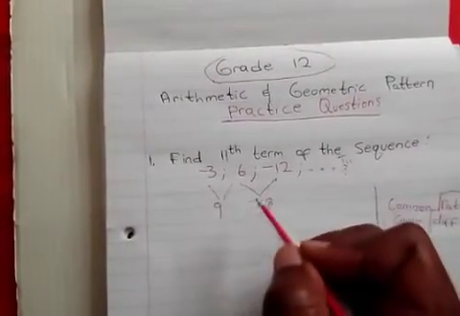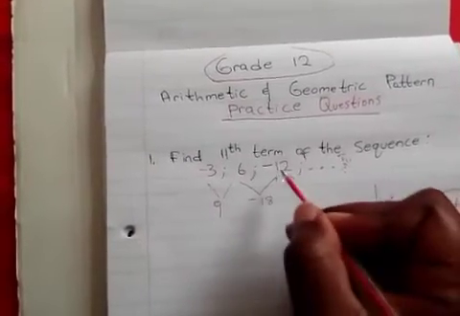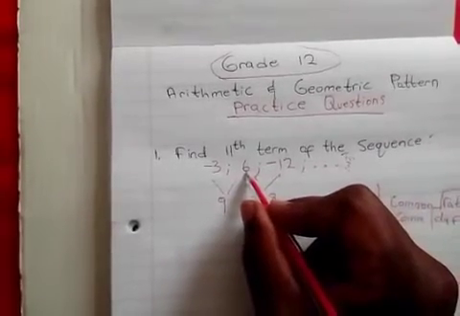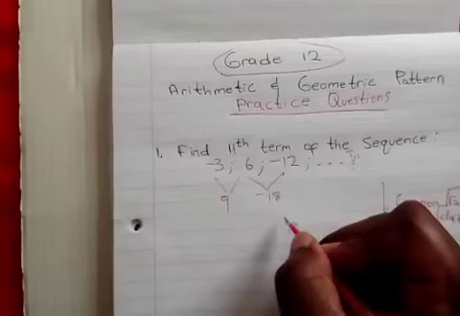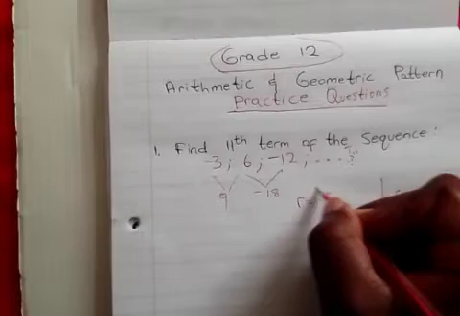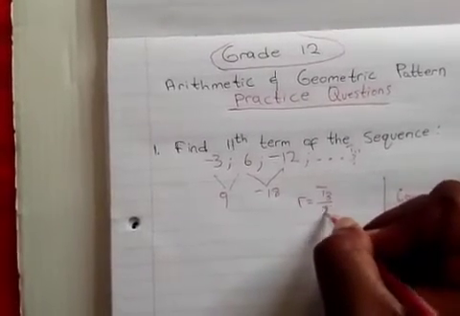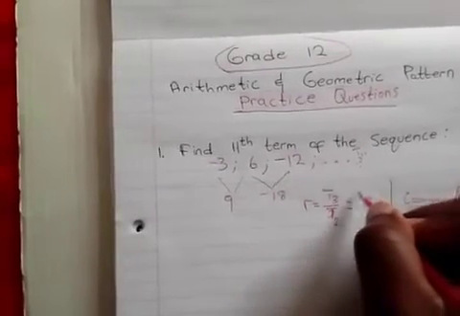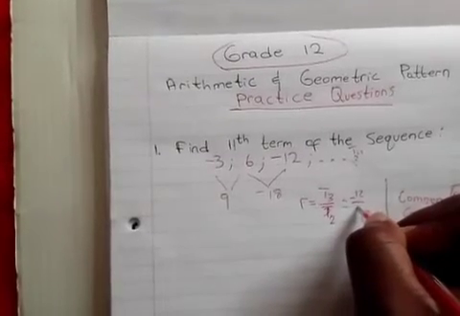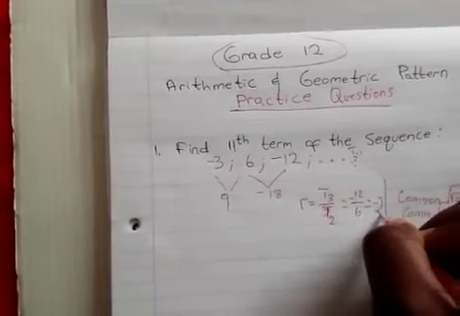So the next thing we're going to do, let's find a ratio now. If we say -12 divided by 6, which is term number 3 divided by term number 2, this will then give you a -2.